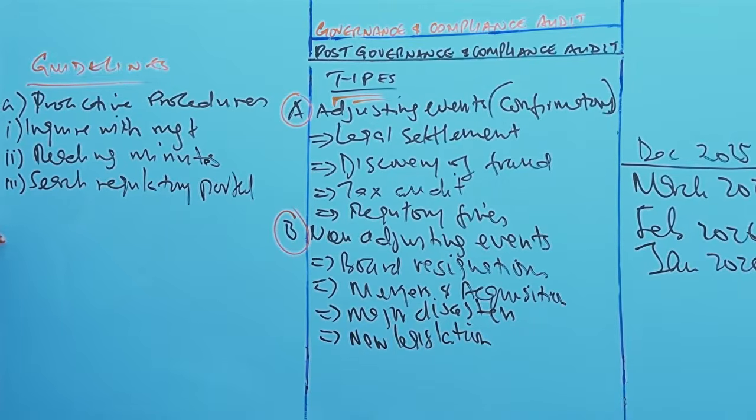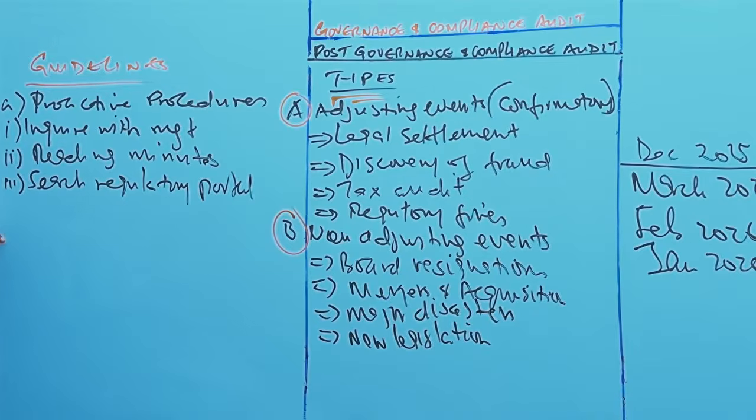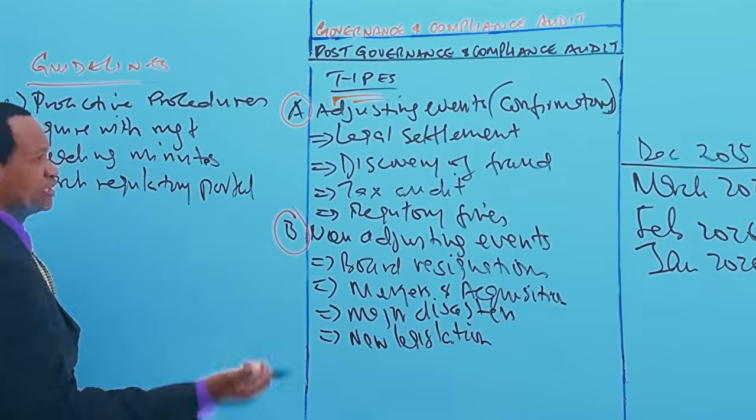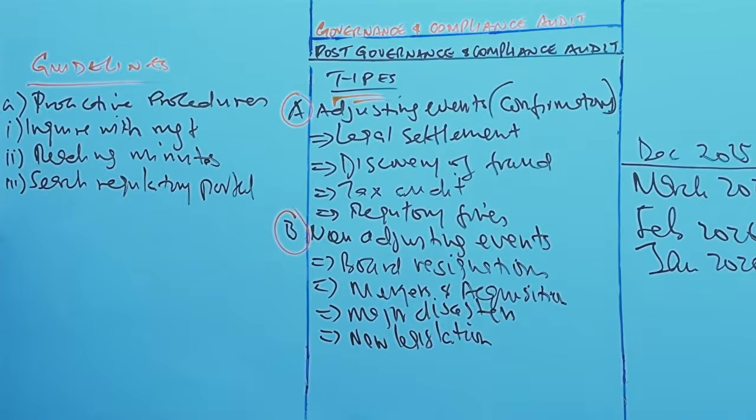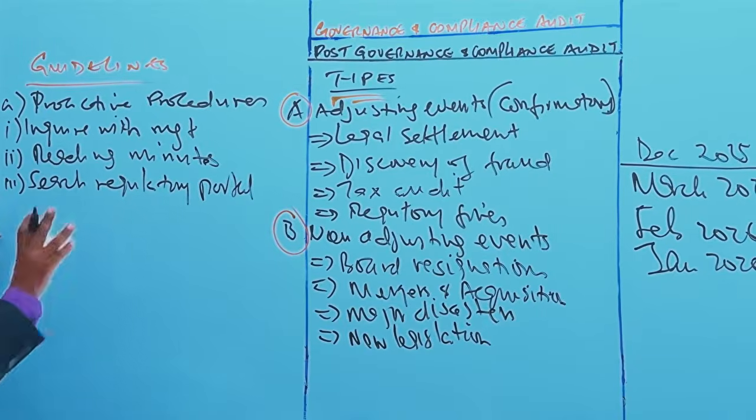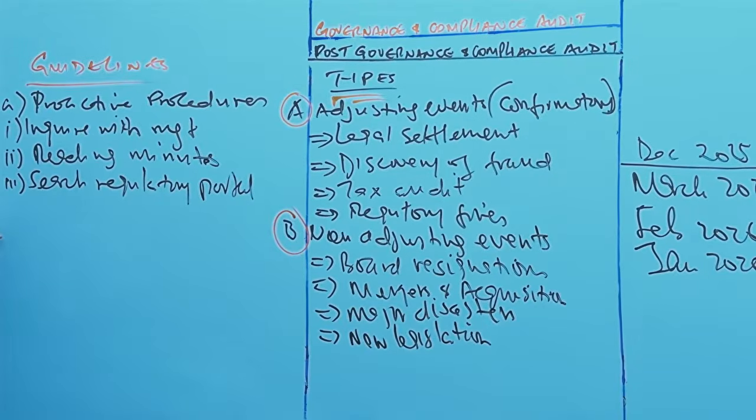Ensure there are no late filings or changes in beneficial owner during that period. So these are just 3 ways to become proactive. This is a guideline to help you ensure that the report that you are issuing is reflecting the true and current governance state.